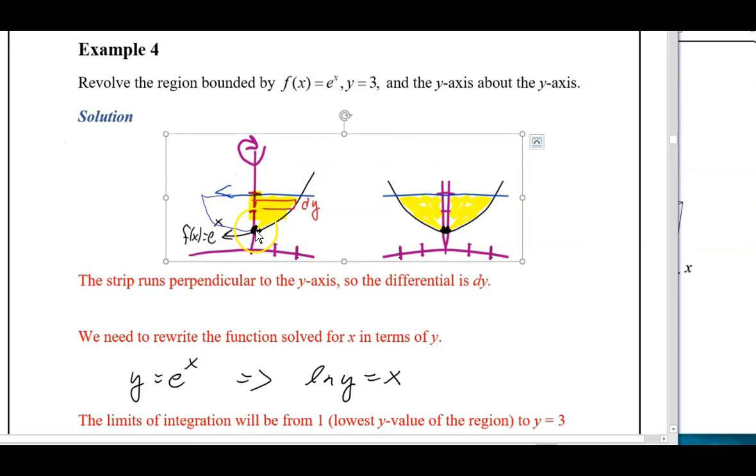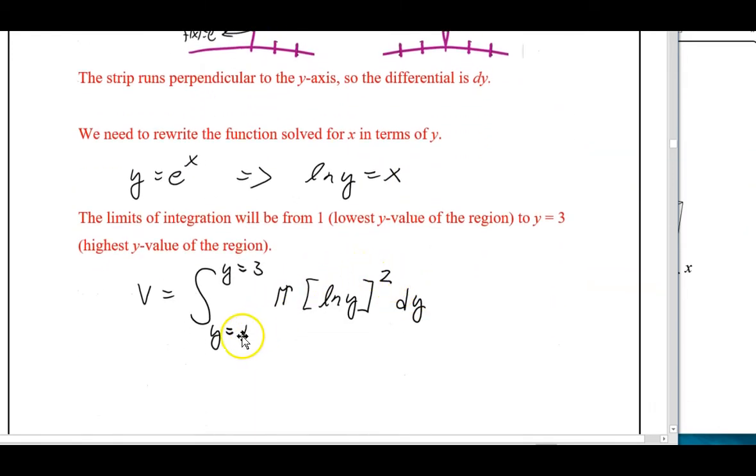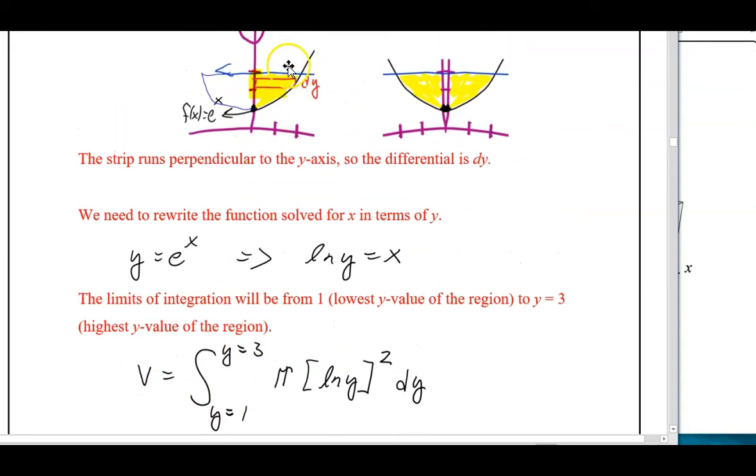Now, the bottommost strip would be at the value y equals 1, and the topmost strip would occur up here at y equals 3. That means my limits of integration should go from y equals 1 to y equals 3, from the lowest y value, lowest strip in the region shaded yellow, to the highest y value, highest strip or rectangle in the shaded region.